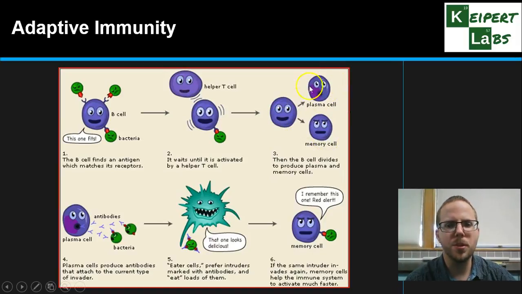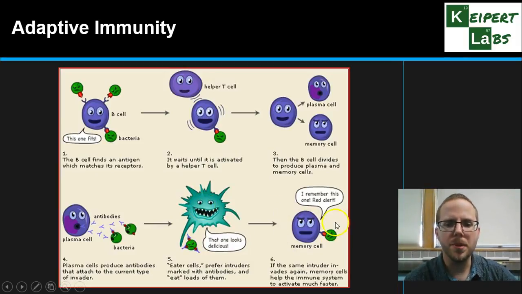The plasma cell can begin the destruction, the memory cell is responsible for remaining behind afterwards. The plasma cell tags the bacteria with these antibodies, the markers that allow it to be destroyed. And then these eater cells, which are the macrophages we were talking about before, attack the ones with antibodies, eat, swallow, destroy, and then spit out the remains.